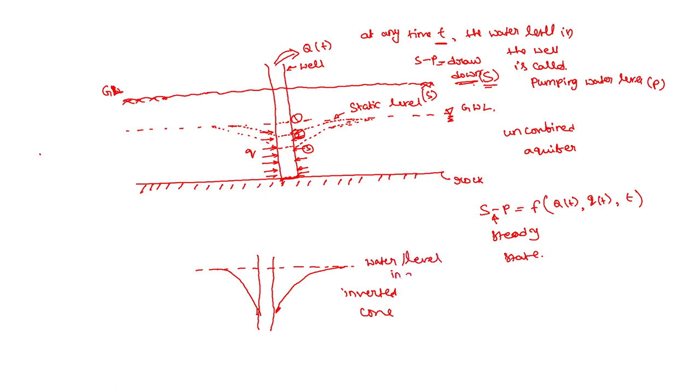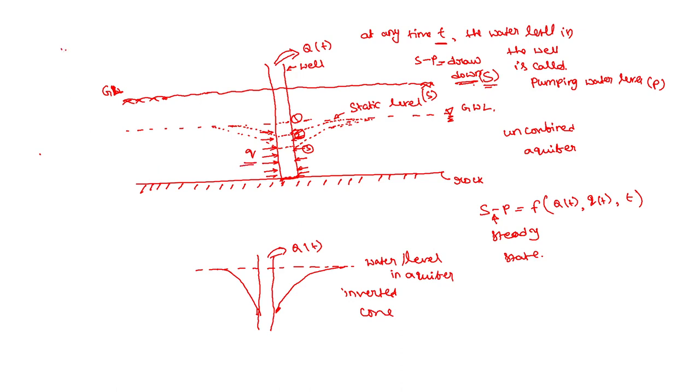As you pump water, this will continue; as you pump for a certain time, the water level in the well will decrease, and the aquifer will supply water to it.